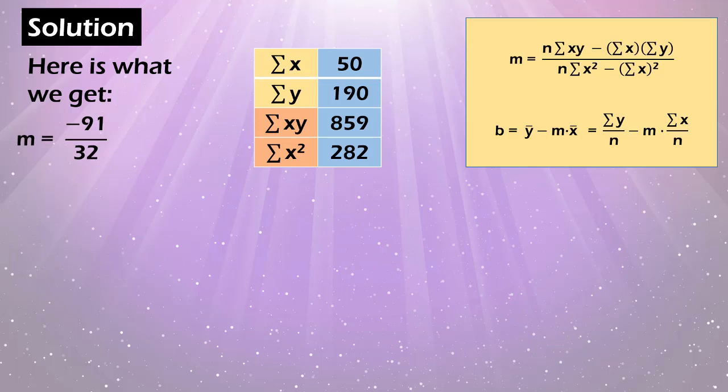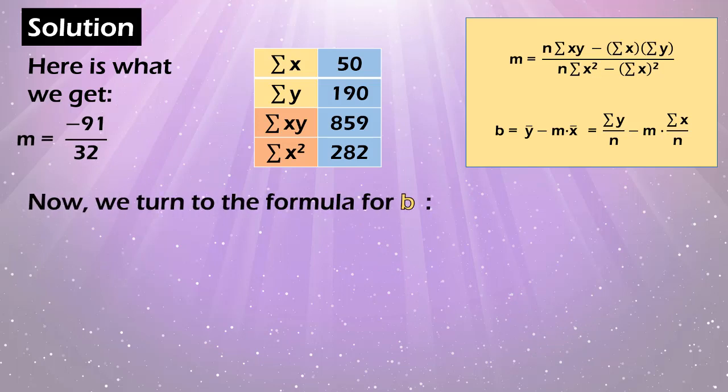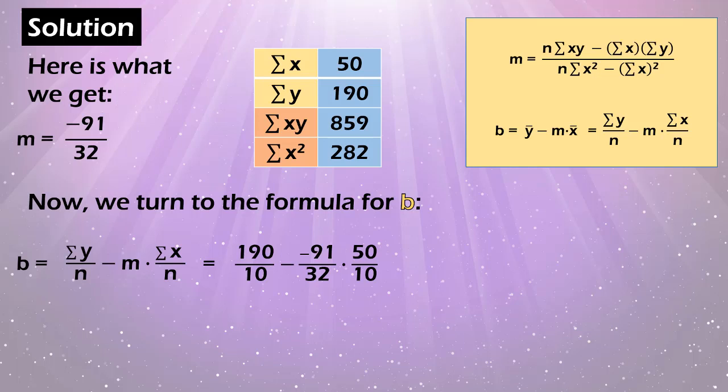To find b, we use the formula y bar minus m times x bar, which is the sigma y over n minus m times sigma of x over n. Sigma y is 190, n is 10, so we get 190/10, minus m, which we just computed as negative 91/32, times sigma of x, which is 50 over n.